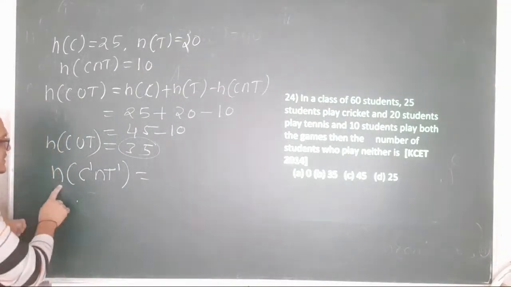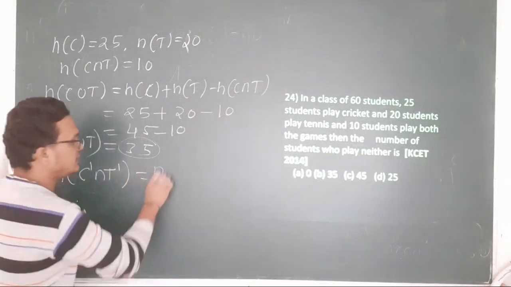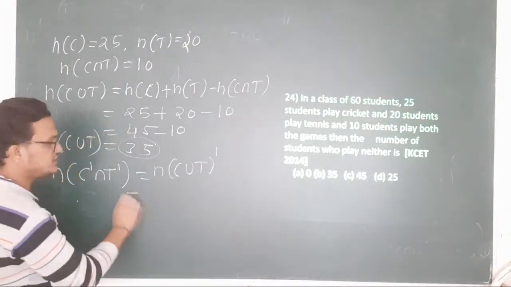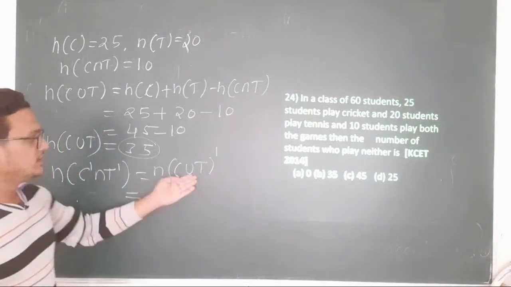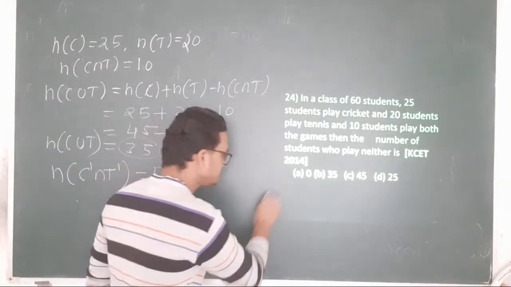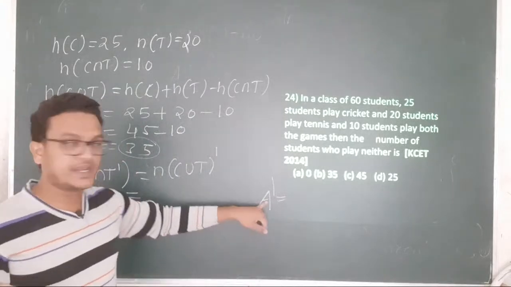So what is this? N of C dash intersection T dash can be written as N of C union T whole dash, which is the De Morgan's law. What is the complement? How to find A dash?